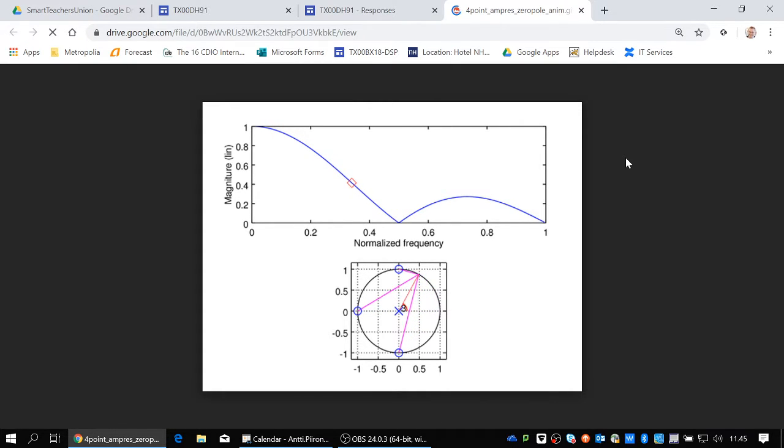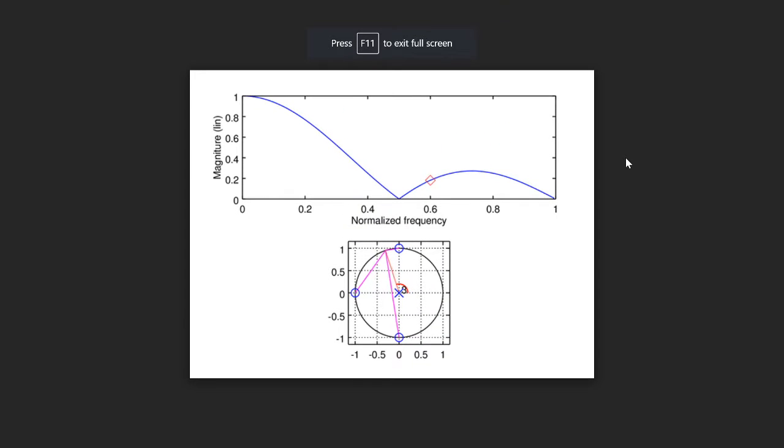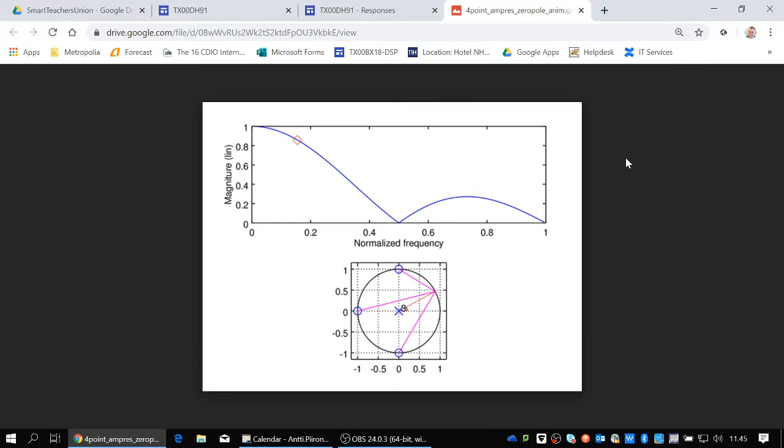So there I have that special point. Let me turn it like this. It looks better. So the observation point changes from angle 0 to the angle corresponding to fs over 2. And whenever you go to the same angle as the zero is, the amplitude response goes to 0. There.